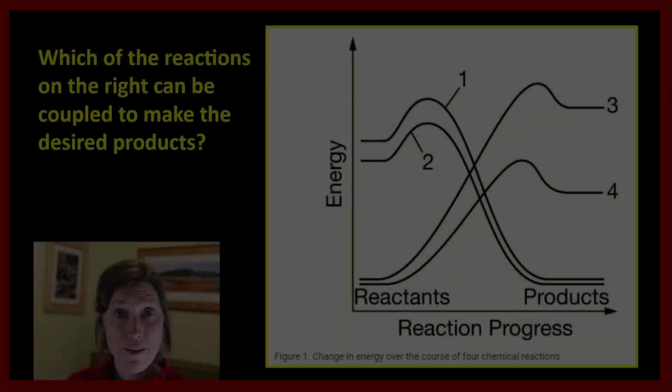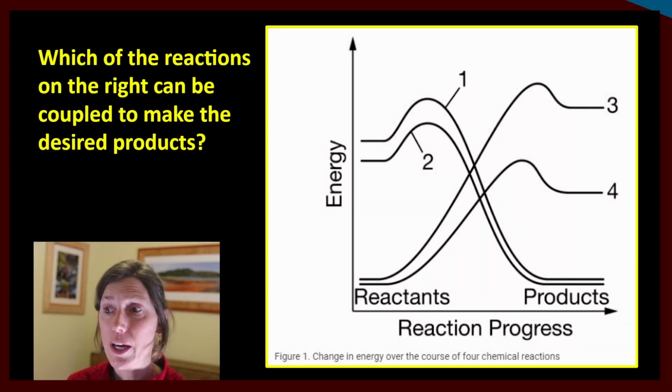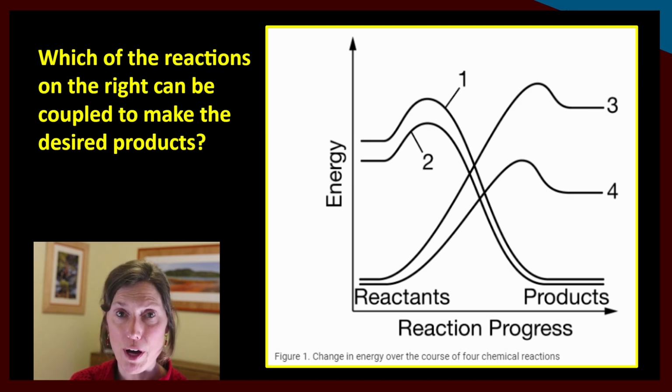Next question. The following question shows you a graph with 4 curves labeled number 1, 2, 3, and 4. Which of these 4 reactions, as represented by the 4 curves on the right, can be coupled to make the desired products?